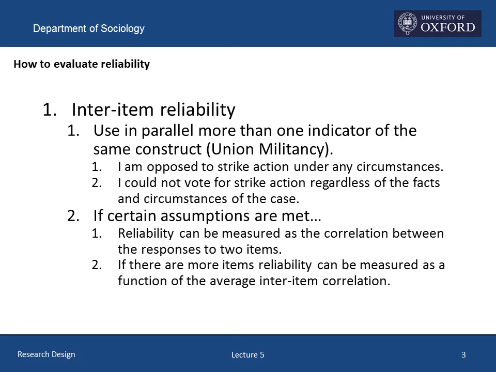If certain assumptions are satisfied, then reliability can be quantified as the correlation between responses to the two items. In circumstances where we have more than two items, then the idea can be generalized by examining the average inter-item correlation.